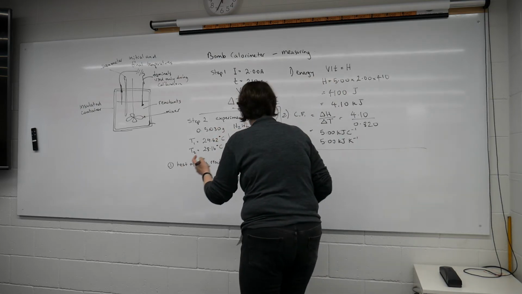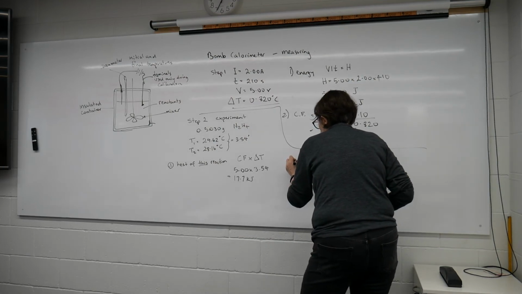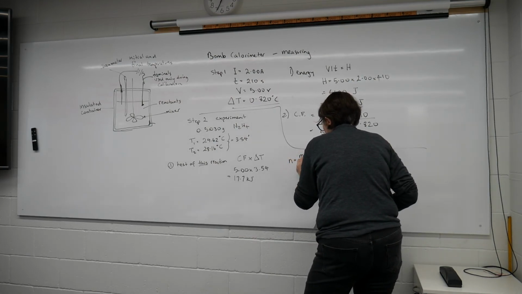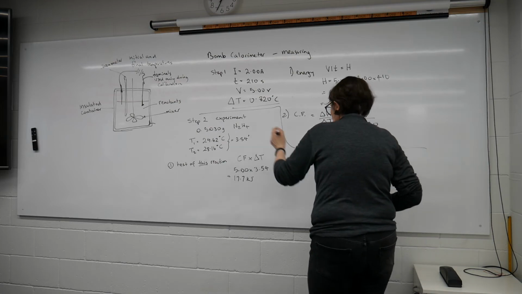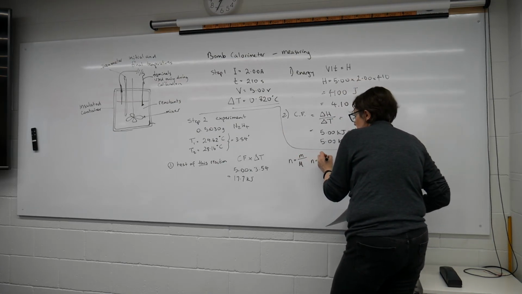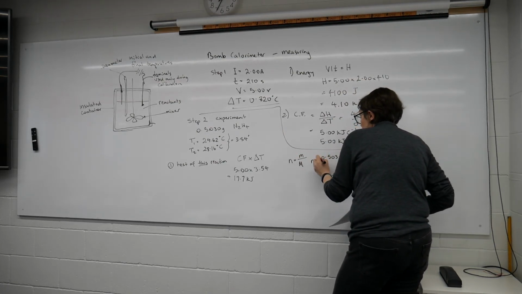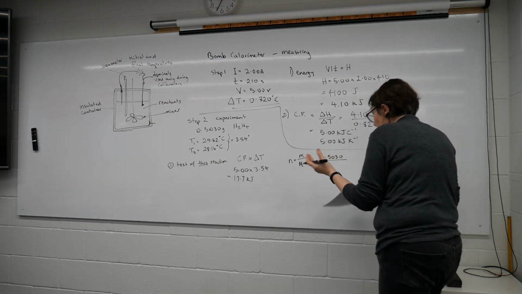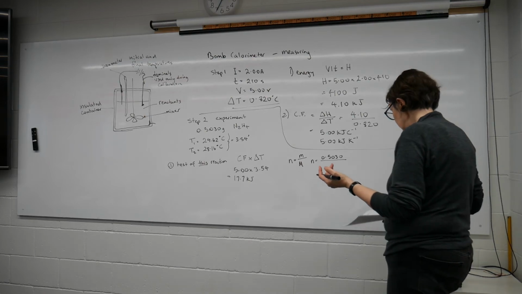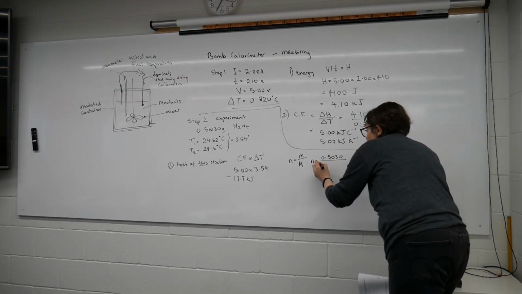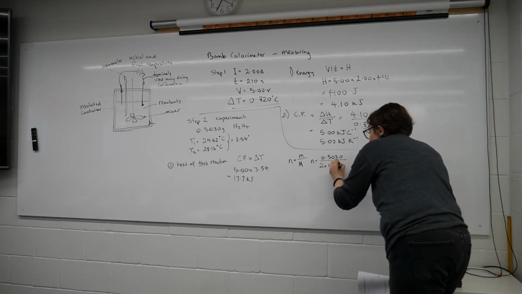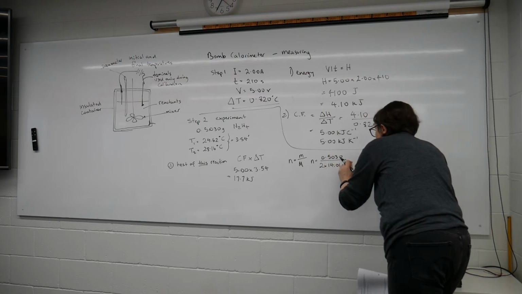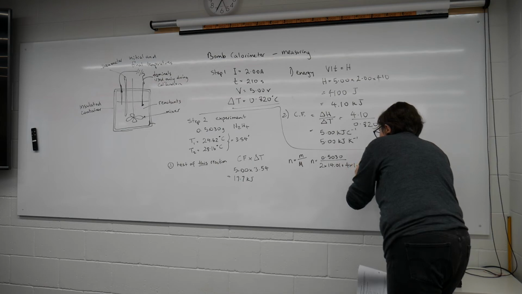Now we need to know, well, how many moles do we have here? So our moles are going to equal our sample mass divided by the molar mass of hydrazine, which according to the booklet is 32, but what have we got? 2 times 14.01 plus 4 times 1.008.